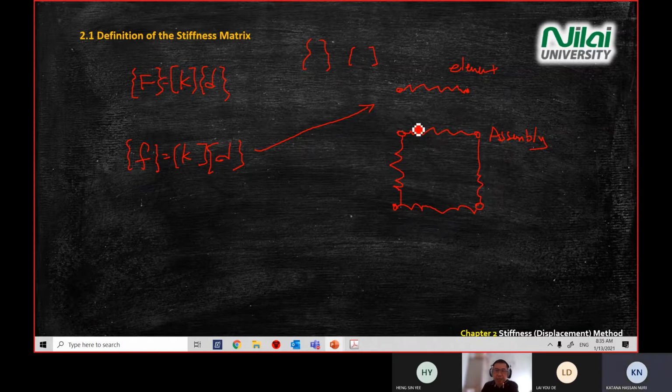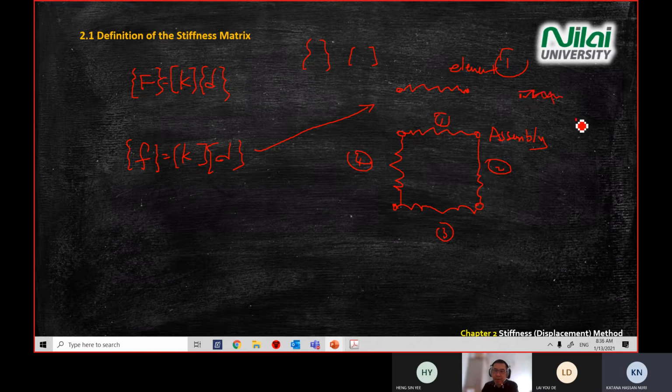You break the system into element 1, element 2, element 3, element 4. So you write capital F, capital K, D for the assembly, and then you break the system into elements, meaning you draw out the elements.